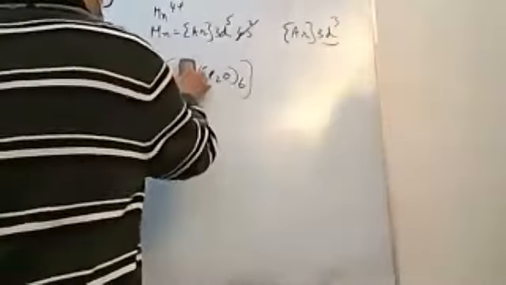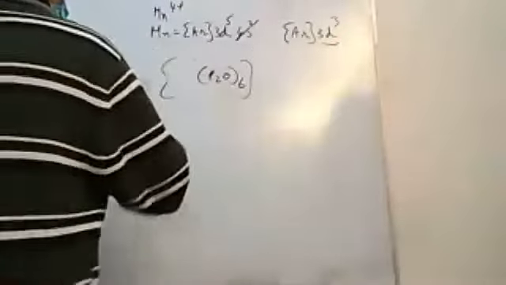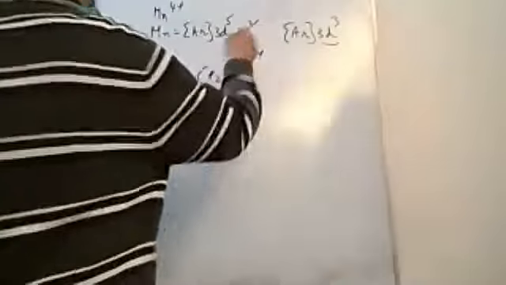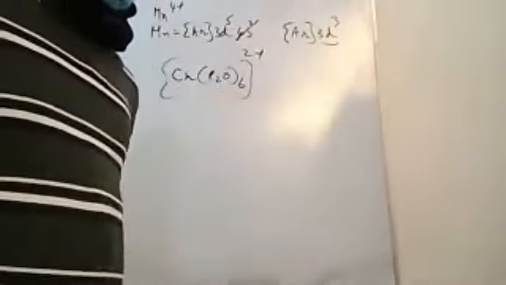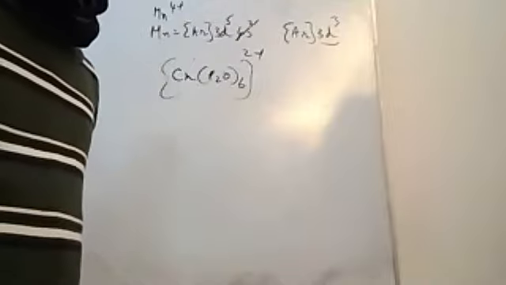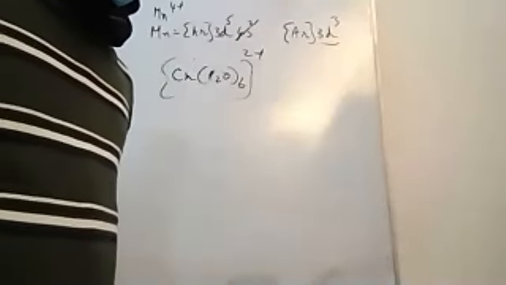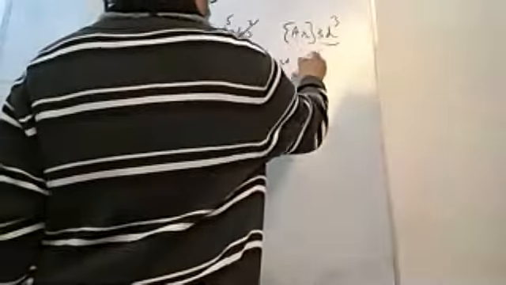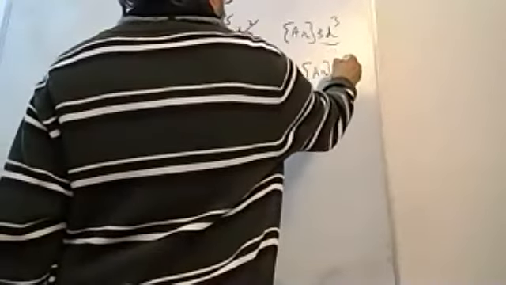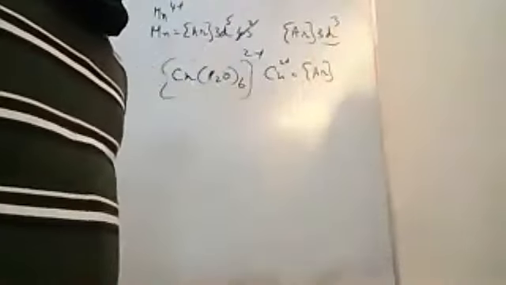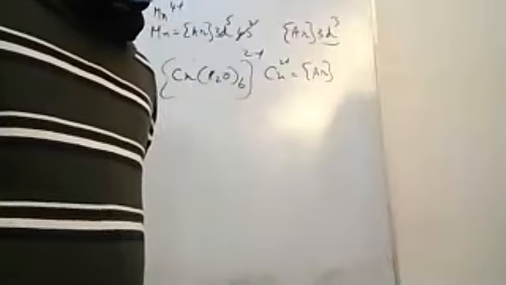Let's say I have the hexaaqua copper 2+ complex. So that is copper 2+. What should be the electronic configuration of copper 2+, folks? It's argon 3d9.